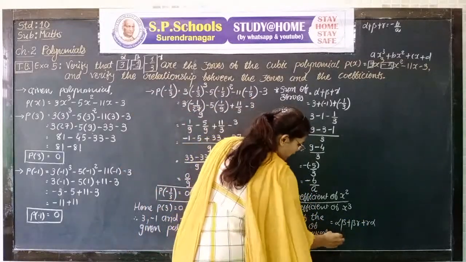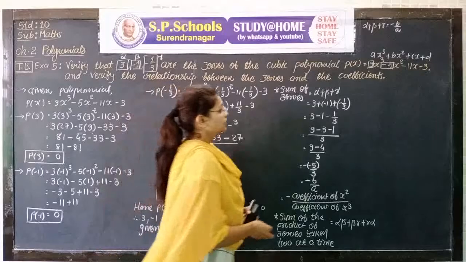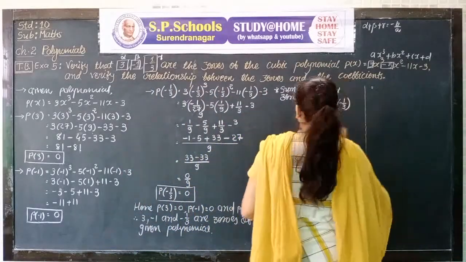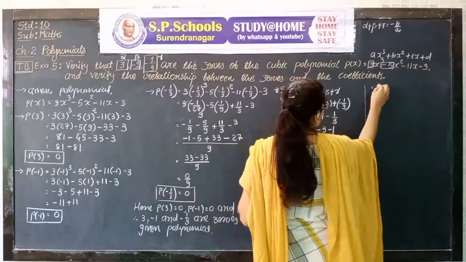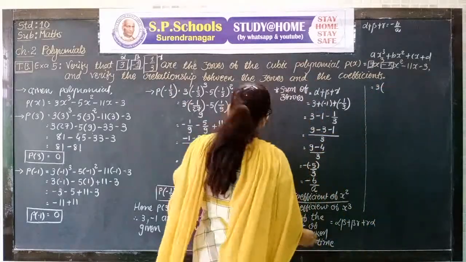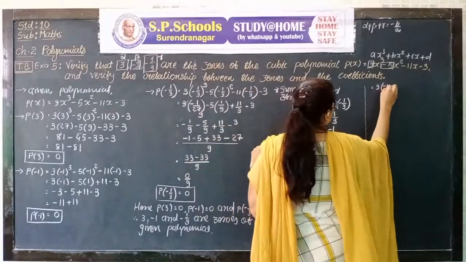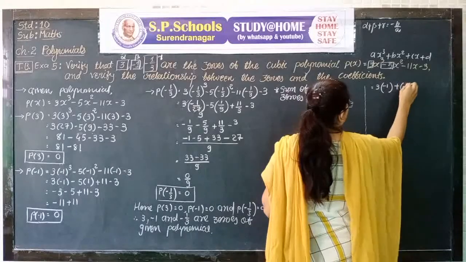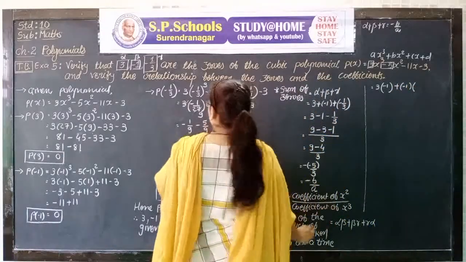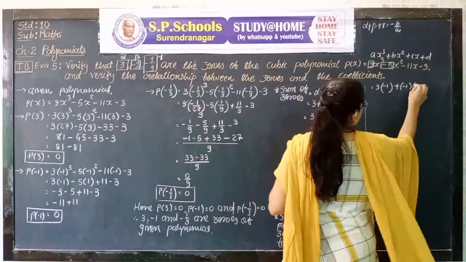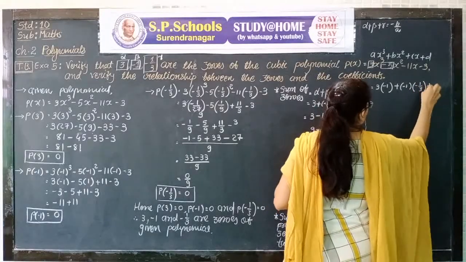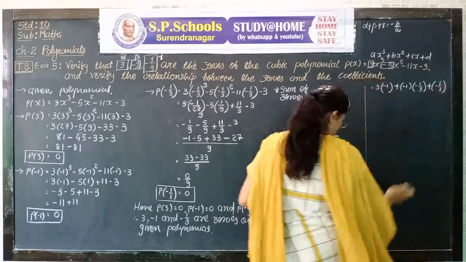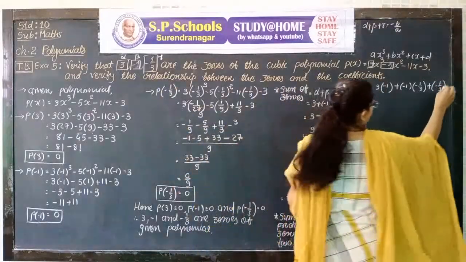We know the values of alpha, beta and gamma. It is equal to, instead of alpha 3, instead of beta minus 1, plus instead of beta minus 1, instead of gamma minus 1 upon 3, plus instead of gamma minus 1 upon 3 and instead of alpha again 3.